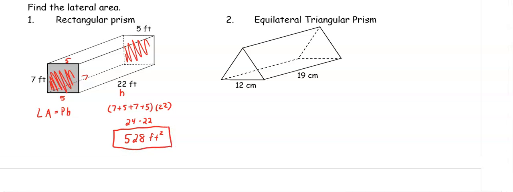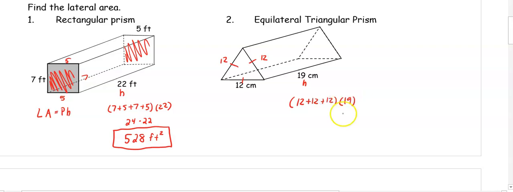In number two, again, we're finding the lateral area of a triangular prism. That means the base is an equilateral triangle, so all sides are going to be 12. Our height is going to be 19. So we would have 12 plus 12 plus 12 times 19, which gets us 36 times 19, 684 centimeters squared.